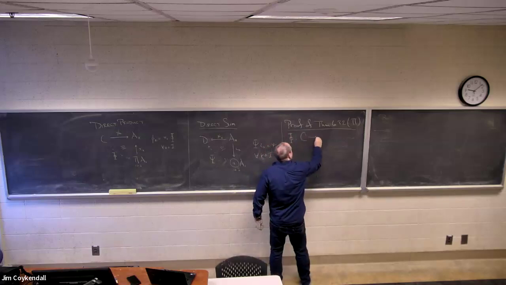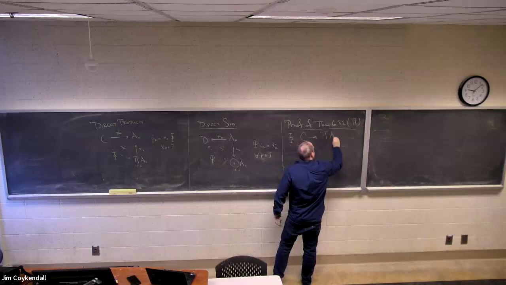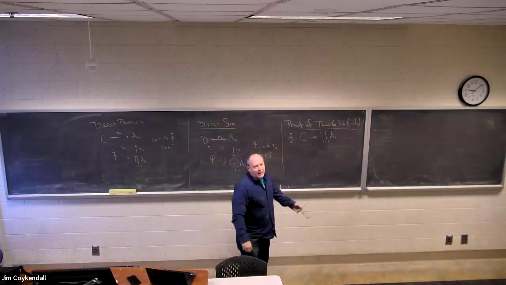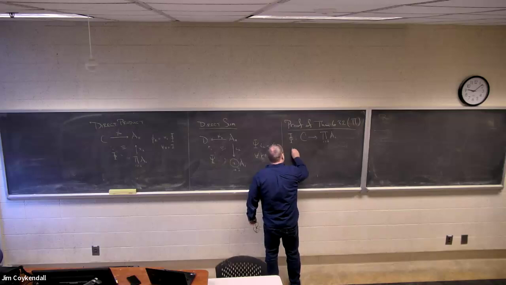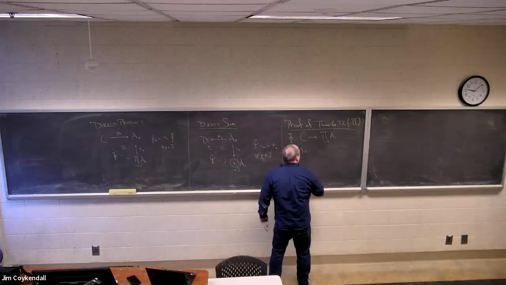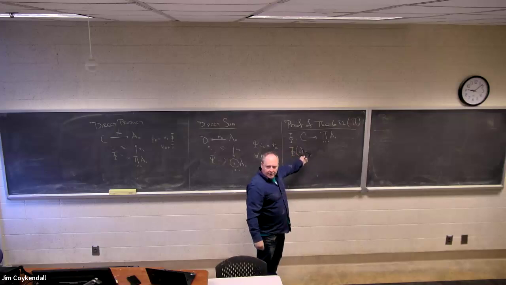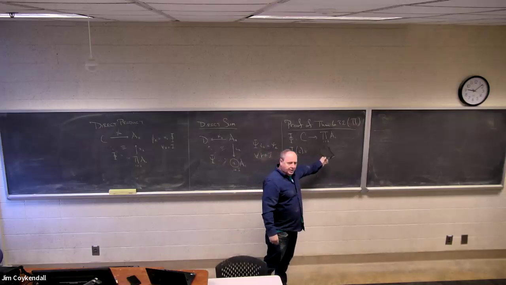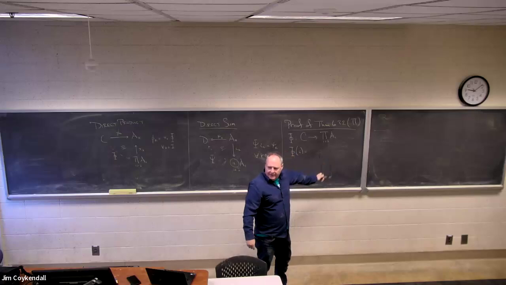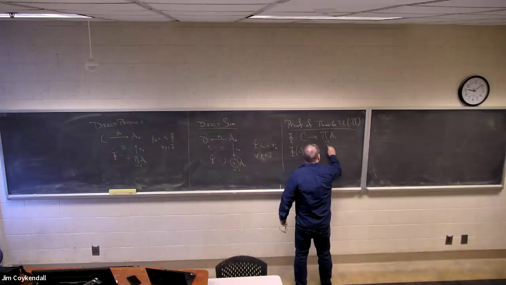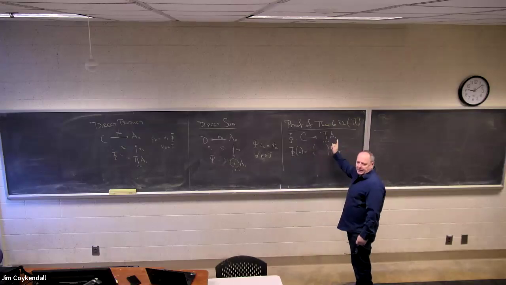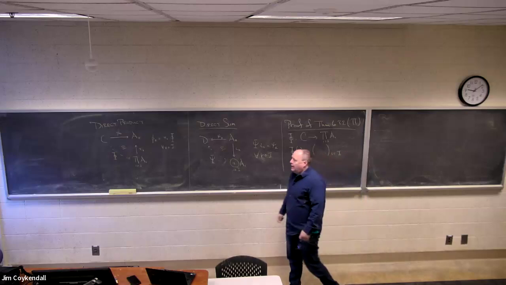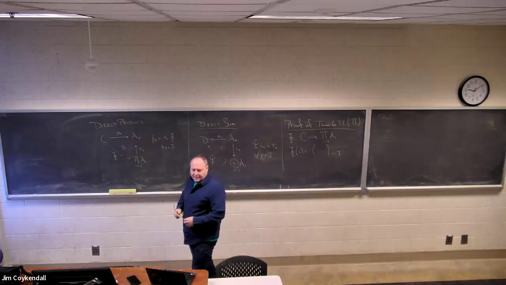I need a Phi from C into the direct product of the A_i. Input: something in C. Output needs to be a generalized sequence, one of these nets, with each component in A_i. How am I going to do this?